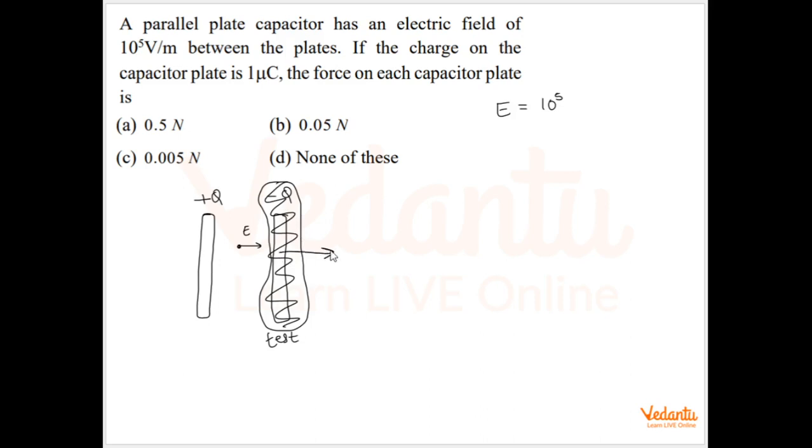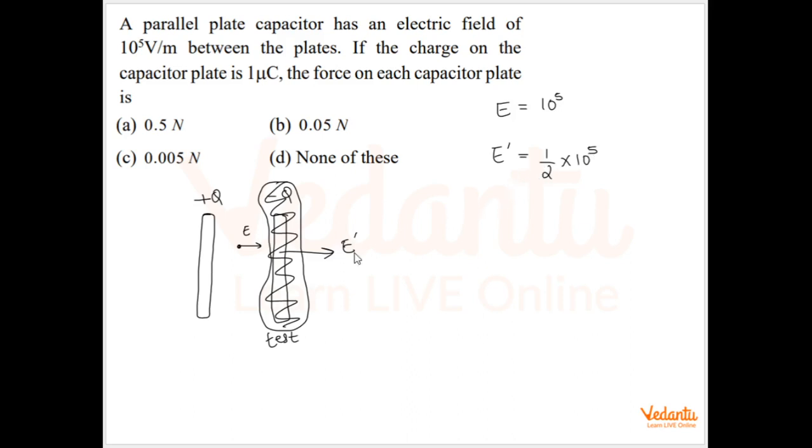And that electric field will be half of E, because the electric field in between the two plates is due to both of the plates. Electric field on the negative plate will only be there due to the positive.